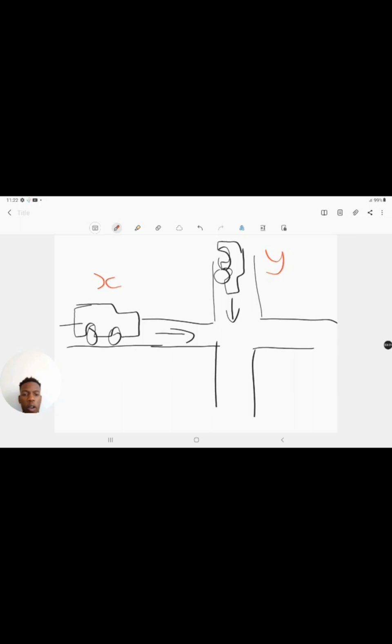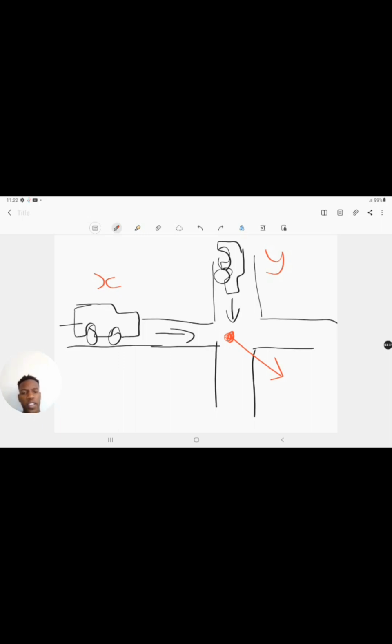When these two cars collide, they will collide at that point there, and say they continue moving in that direction. They don't move in just the x direction or just the y direction. They move in a combination of both directions at some angle. So this is an example of momentum in 2 dimensions.